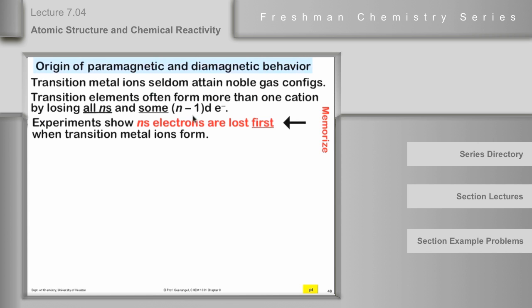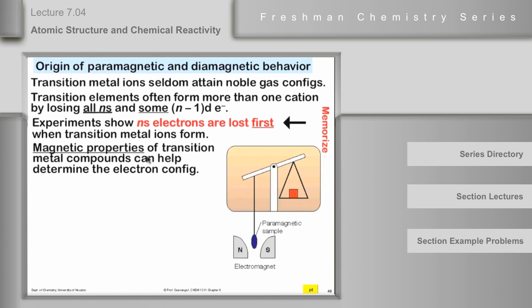Some of them, at least, will be unpaired. If they're unpaired, that makes the compound which they're part of paramagnetic. And experimentally, what that means is that they will have magnetic properties that are different from ferromagnetism, like an iron magnet.